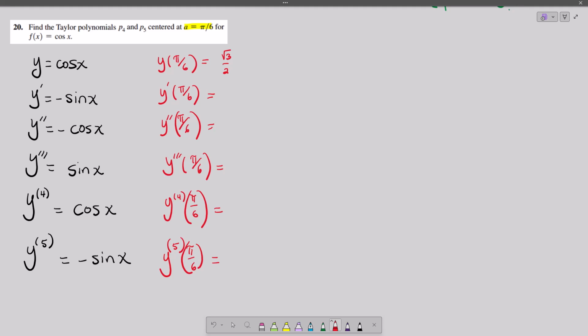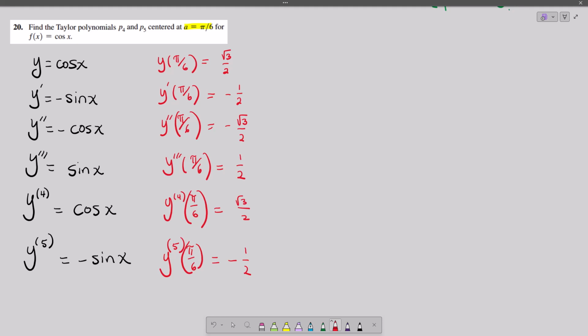Sine of pi over 6 is 1/2, so we get negative 1/2. y double prime of pi over 6, negative root 3 over 2. y triple prime of pi over 6 will be 1/2. And then we're going to start getting some repeats here. Cosine of pi over 6 is root 3 over 2. And then negative 1/2. So those are the building blocks for the coefficients.